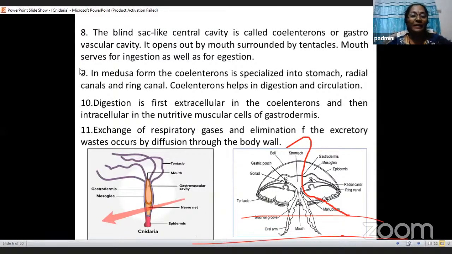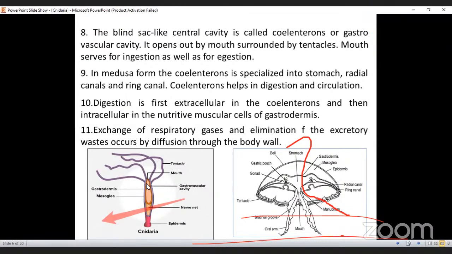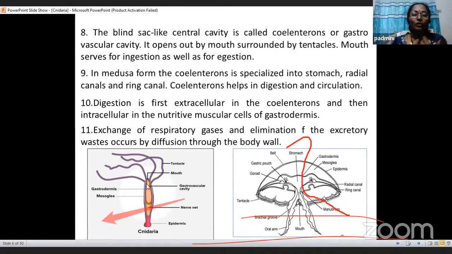The mouth serves for ingestion as well as ejection. So whether they are going to take in food or throw it out, everything is done through the same mouth. If you remember in Porifera, we were talking about the osculum, where only the ejection is done, whereas the intake of food is done by the ostia, the pores present on the body walls.